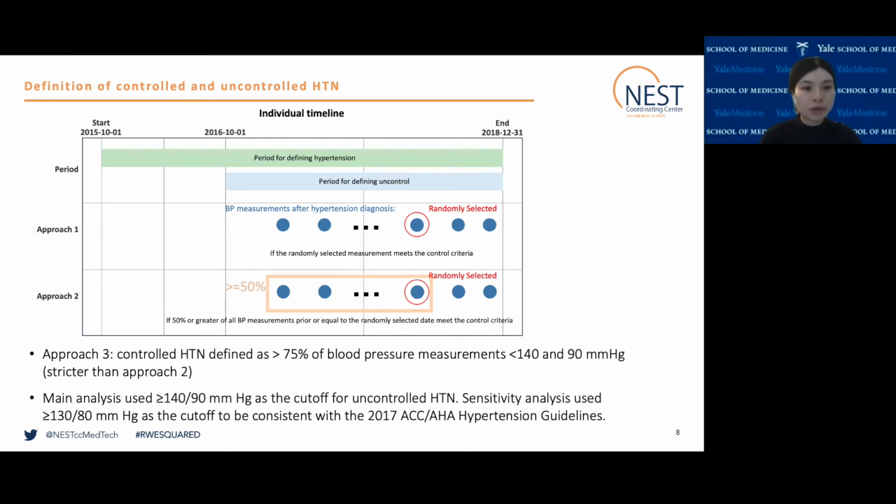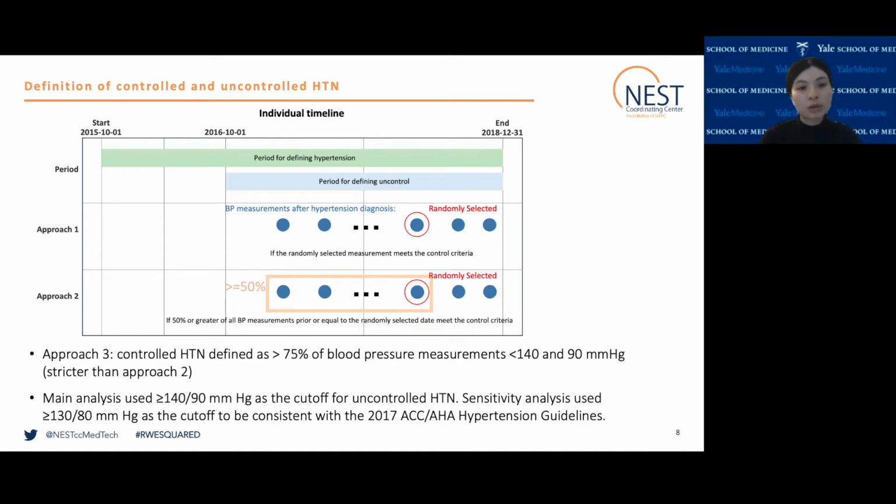Approach 3 is very similar to approach 2, where we look at a range of blood pressure measurements, but with a stricter criterion. We use 75% of the blood pressure measurements below the control cutoff to define controlled hypertension.